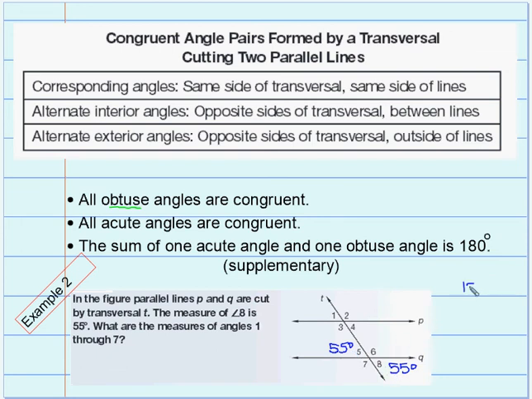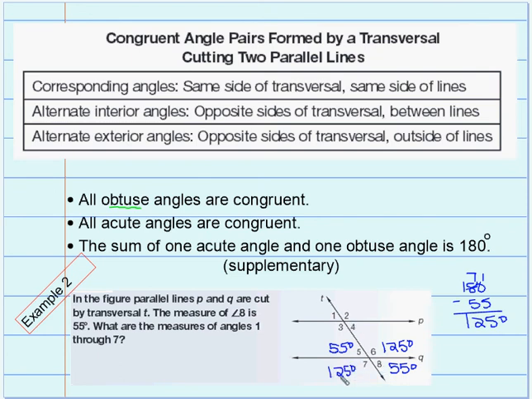Well, 180 minus 55 will get you 125 degrees. That would go here because I have 2 adjacent angles, so their sum has to be 180. And these are vertical angles, so I can go here as well.